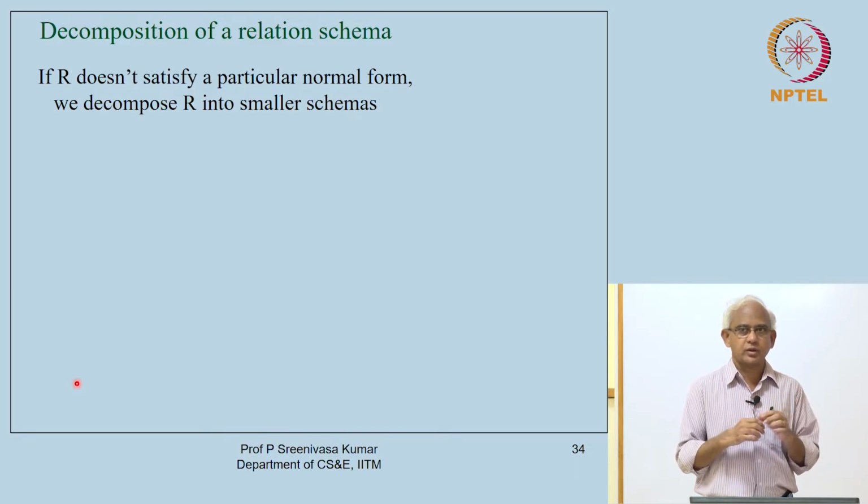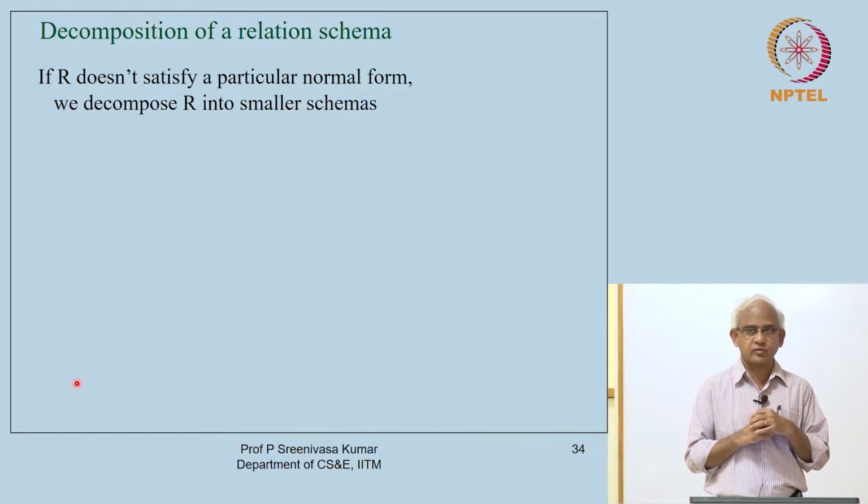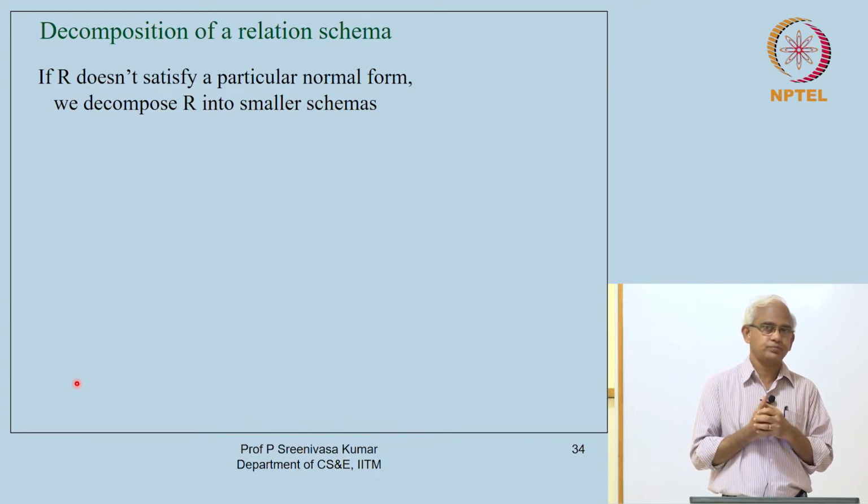We redistribute the attributes in the relation into two different relations, and then we see that the same information is represented here, and each of those individual relations satisfies the normal form that we are looking for. For example, if it does not satisfy third normal form, we have decomposed that relation into two, and then we have seen that both of them now satisfy the third normal form.